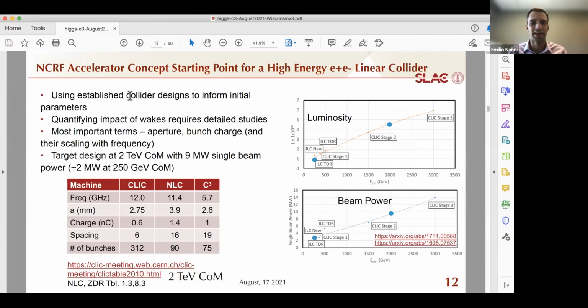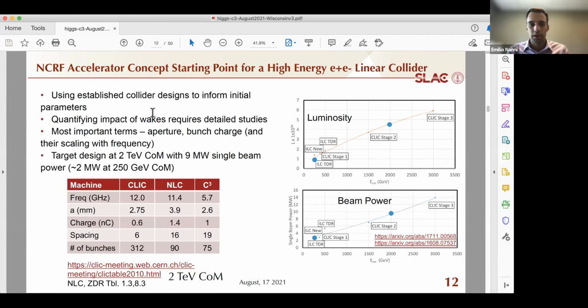Sorry about that. Okay, so to develop our collider concept, we started a study a couple years ago. That's the arXiv paper that we mentioned, initially looking at 2 TeV center of mass with a single beam power of around 9 megawatts.